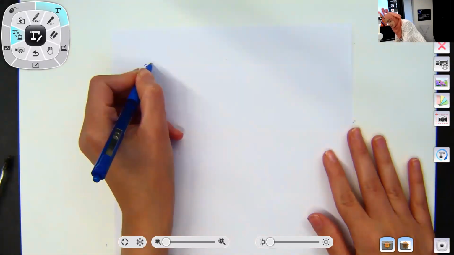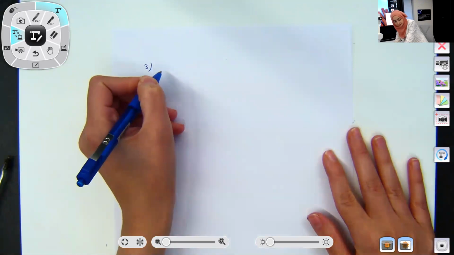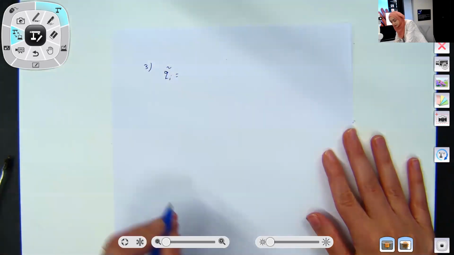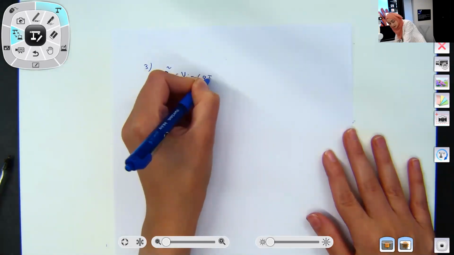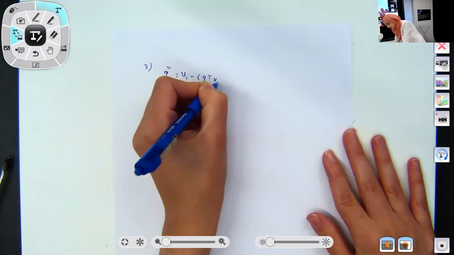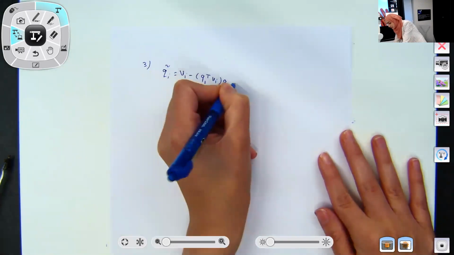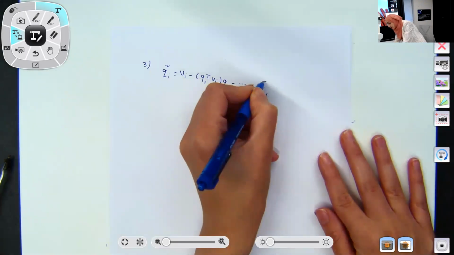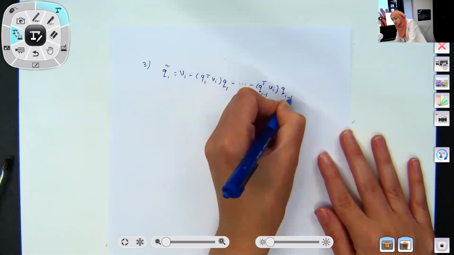Question 3. At the beginning, we need to know what the Gram-Schmidt step is. Gram-Schmidt says that to find the q_i tilde, this is equal to v_i minus q1 transpose times v_i, all of these multiplied with q1, until you reach q_(i-1) transpose times v_i, all of these multiplied with q_(i-1).